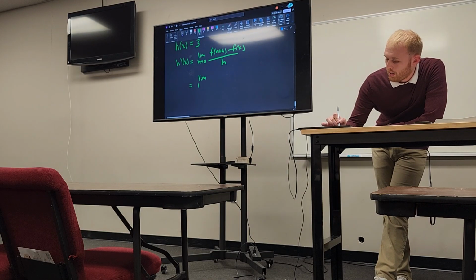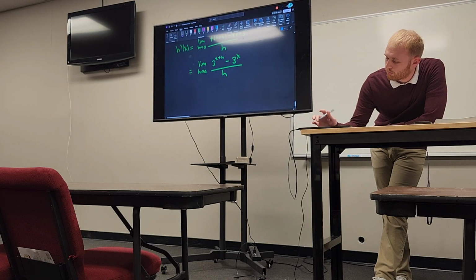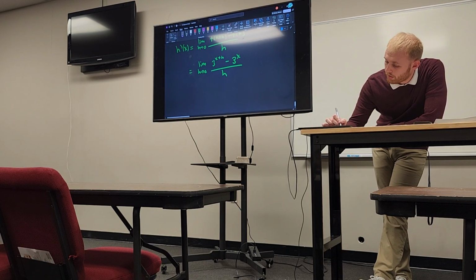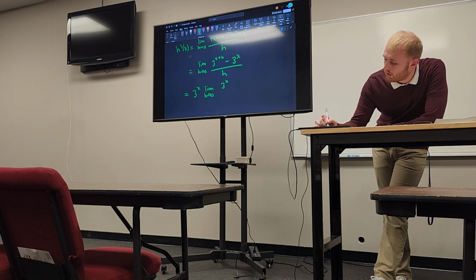That'll equal the limit as h approaches 0 of 3 to the x plus h minus 3 to the x all over h. You can pull that 3 to the x all the way out, leaving 3 to the h minus 1.